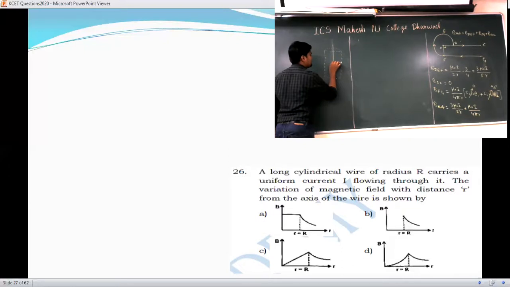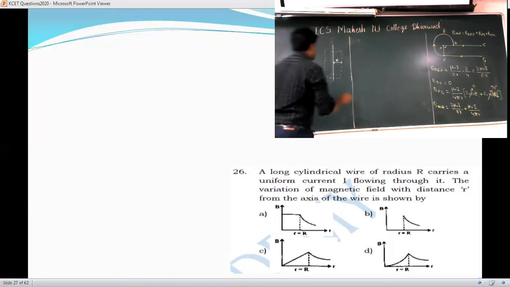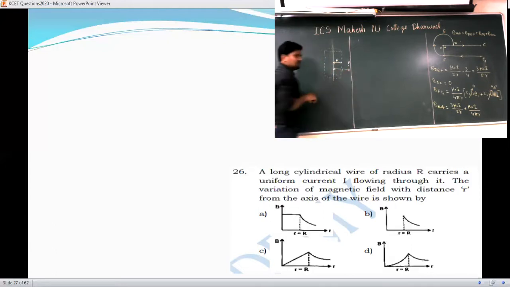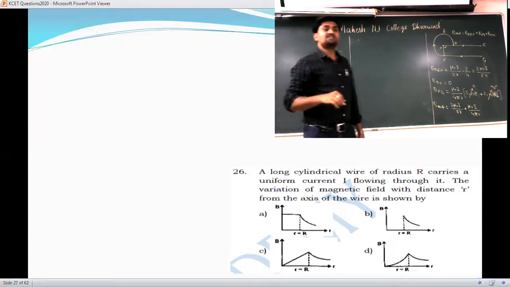Radius is capital R. But where you are keeping the point, you are keeping a point P at a distance small r. So what type of wire have they told? They have told a cylindrical wire.